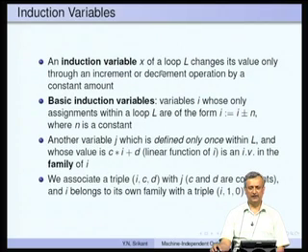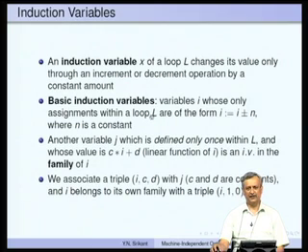Such a variable is called an induction variable. Why? If we are actually either adding or subtracting a constant to or from a variable, then the value of that variable changes in arithmetic progression. That is the reason why it is called an induction variable.